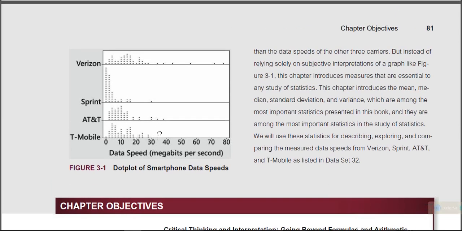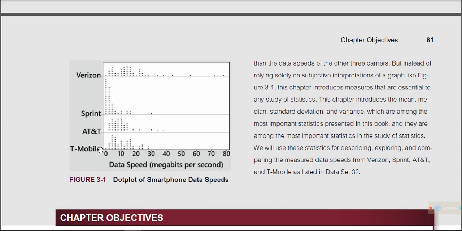For Figure 3-1, out of the 4 service providers, if you analyze visually the box plots, these are stacked on top of one another. Which one do you think has the best speed? Let's start with T-Mobile.